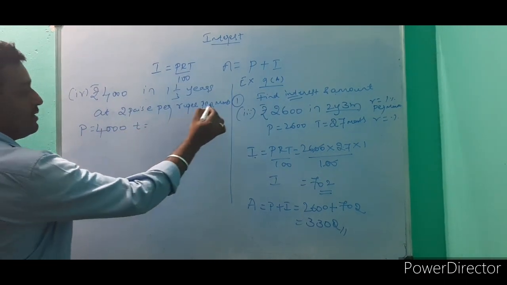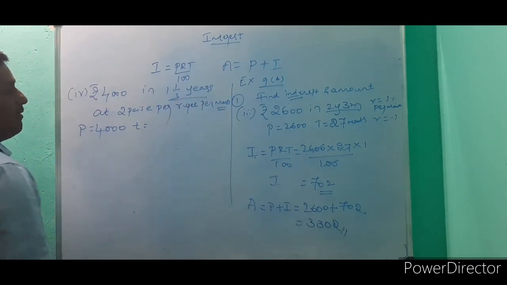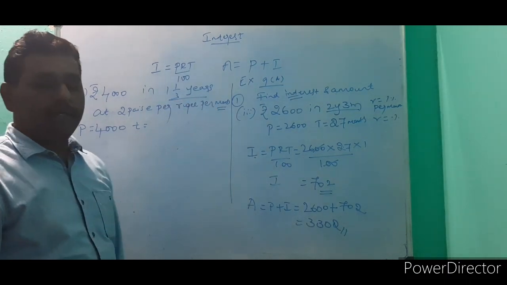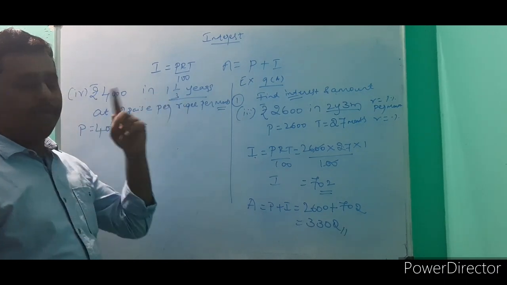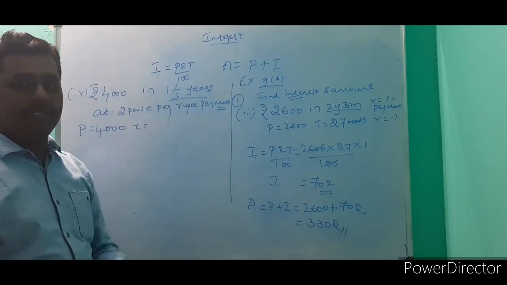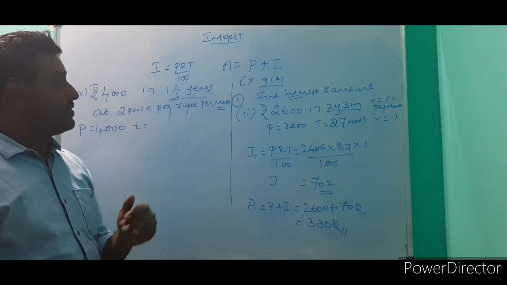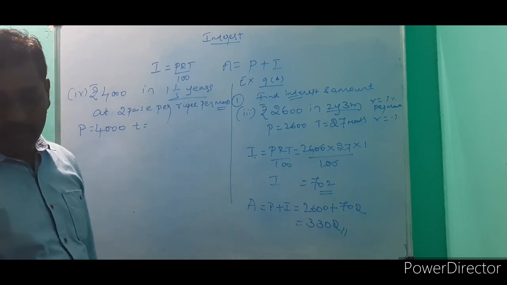So for time, months is there, so we should convert. 1 year means 12 months, 1 by 3 means 3 months. So 12 plus 3, 15.